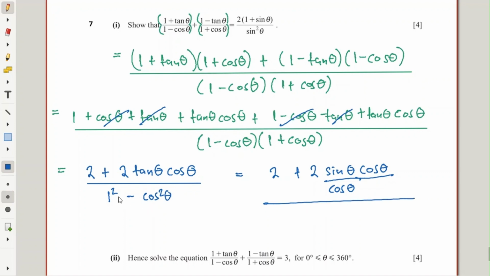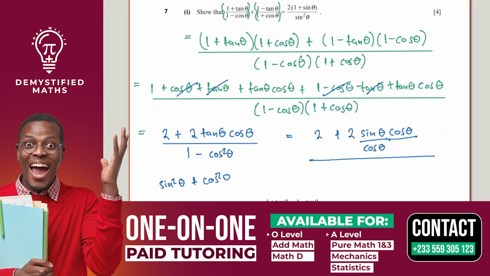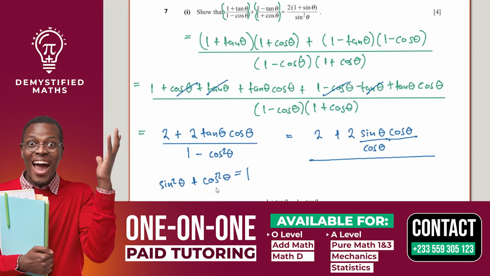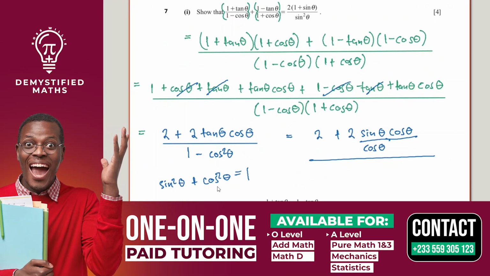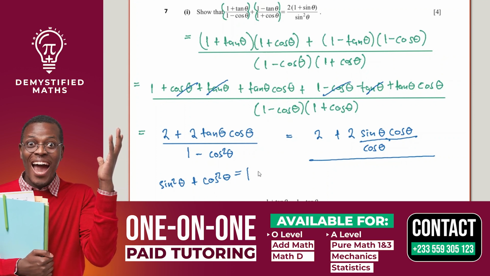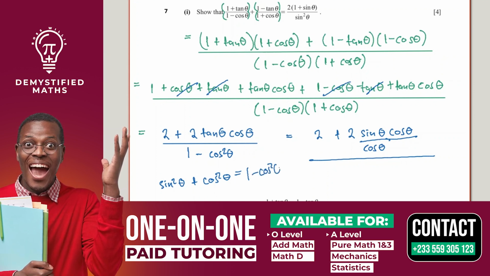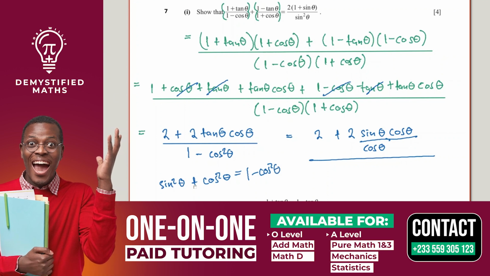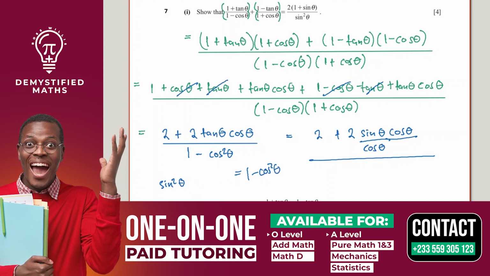So this is 1 minus what? 1 minus cos square theta, and it's an identity. You remember this? Okay. So here, if my cos comes here, cos square theta, I'm going to have sine square theta to be equal to this.